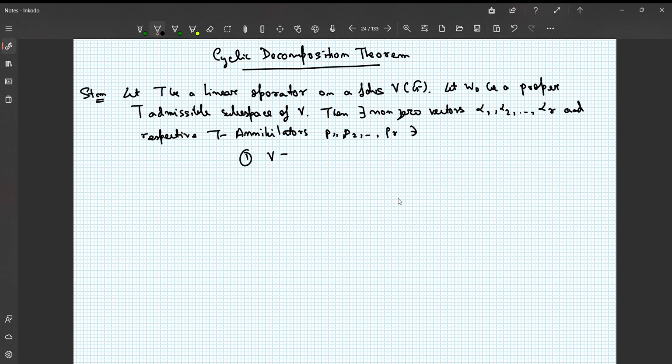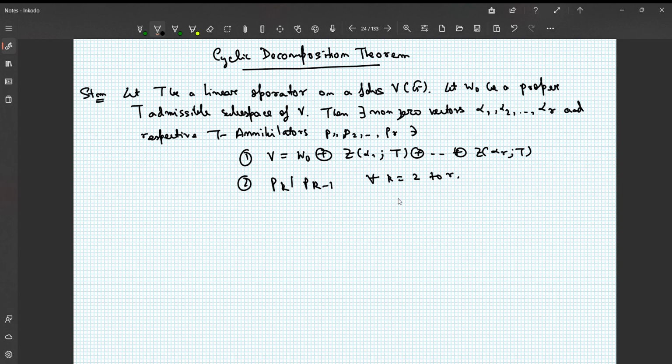So number one, V is a direct sum decomposition of W naught and the T cyclic subspaces generated by all of these non-zero vectors, Z alpha 1 T up to Z alpha r T. Number two, Pk divides Pk minus 1 for all k ranging from 2 to r.